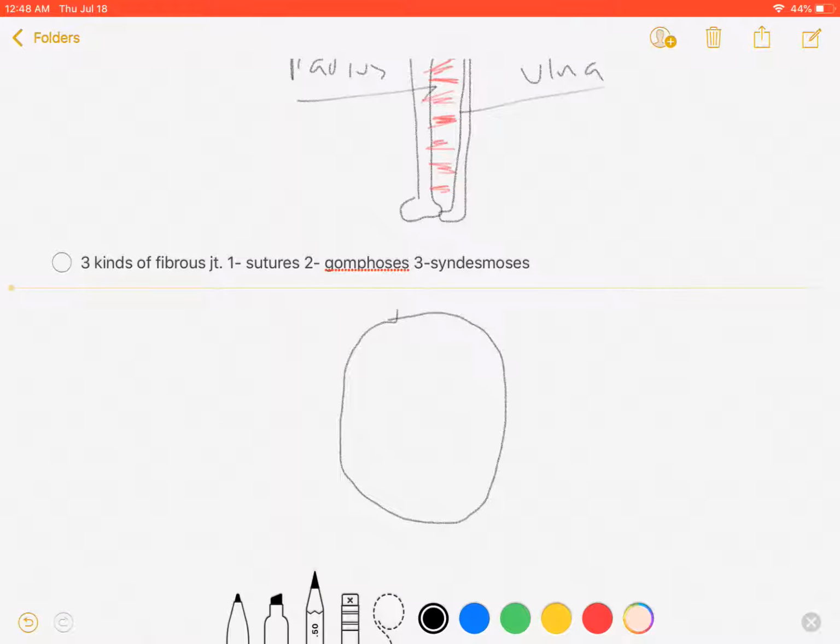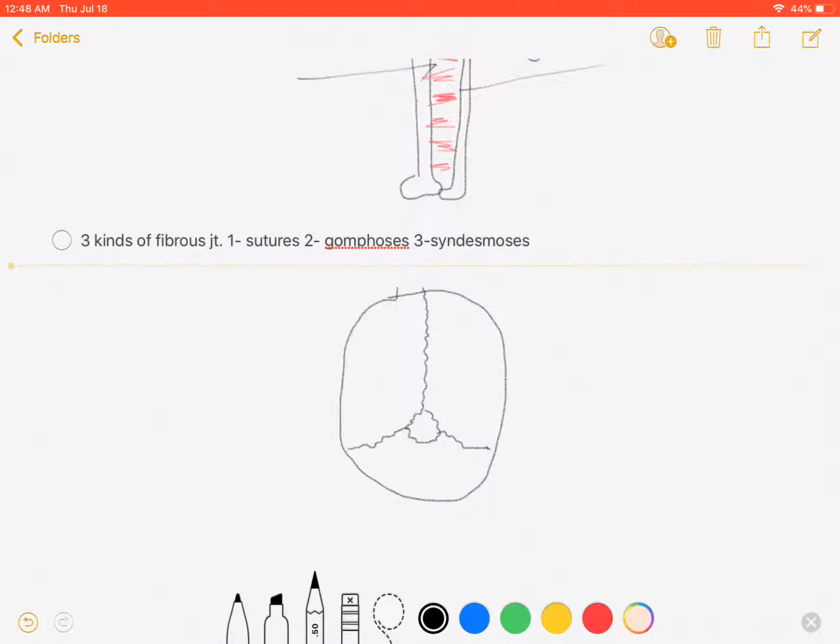Inside these little sutures you can find fibrous joints.